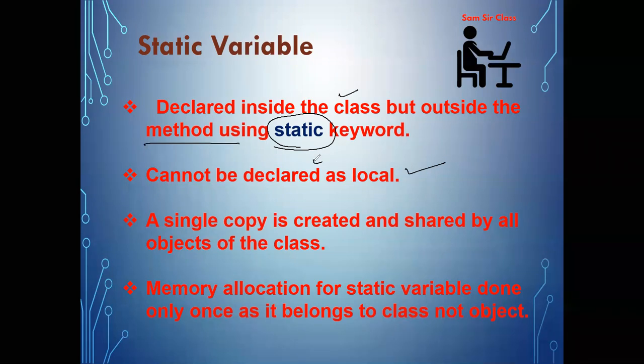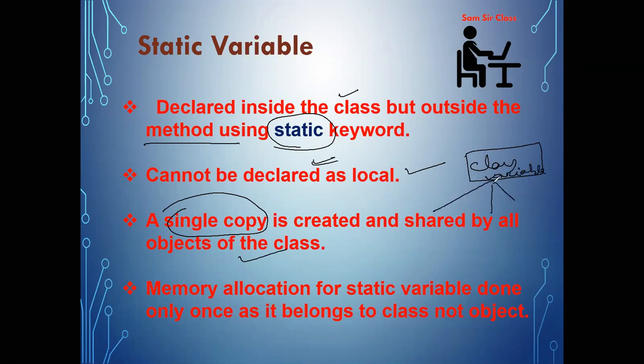A single copy is created and shared by all objects of the class because it's a class variable, created only once and accessible by all the objects of that particular class.